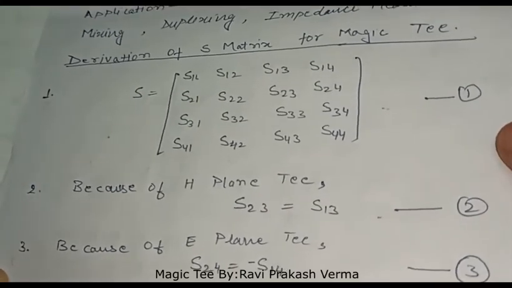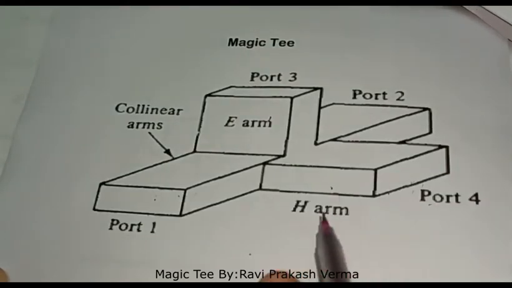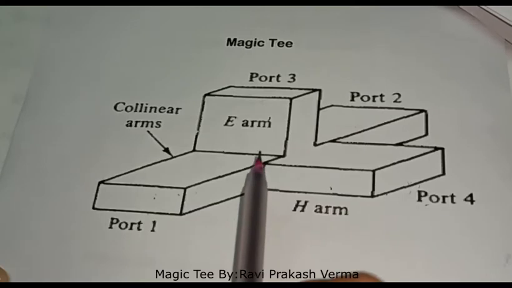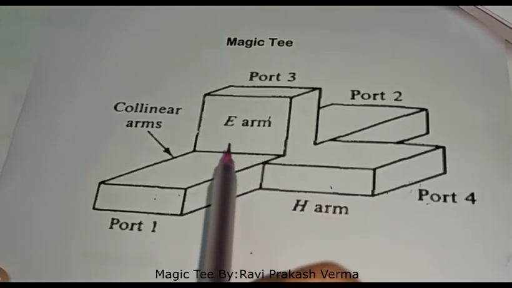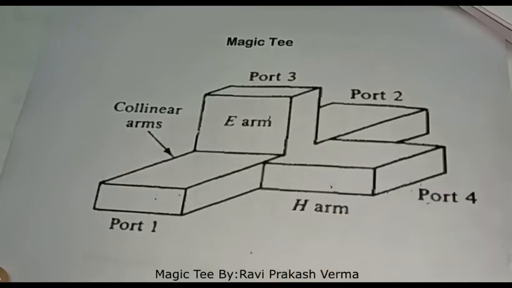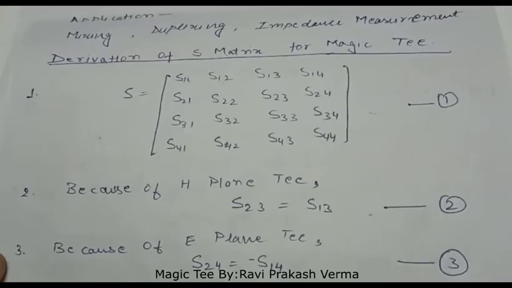In the H plane T, we have gone through that. Now, basically magic T is used for mixing, duplexing or impedance measurement.